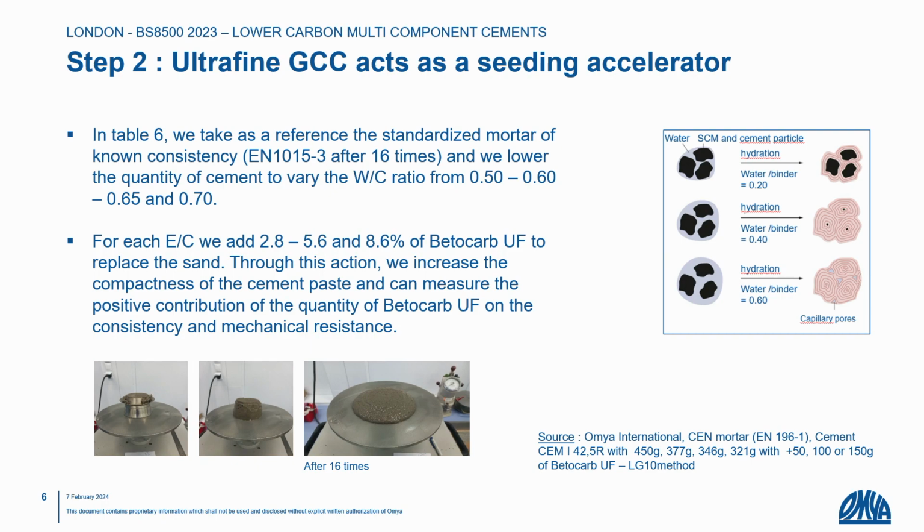That is to say, the control will not be 1 point, but 4 points. For each water to cement ratio, we add the ultra-fine ground calcium carbonate to optimize the performance, and we will be able to evaluate it.